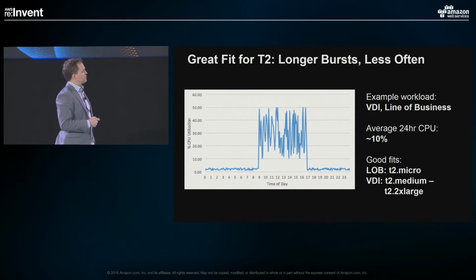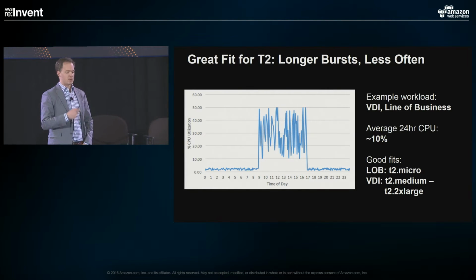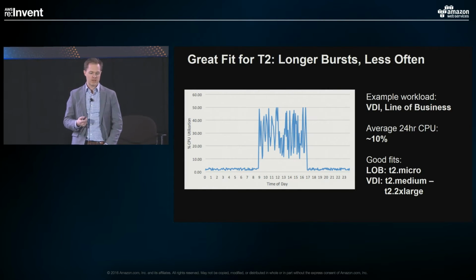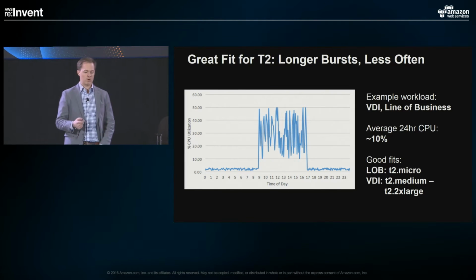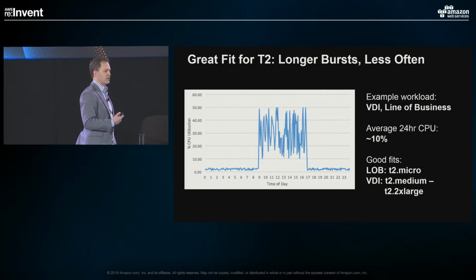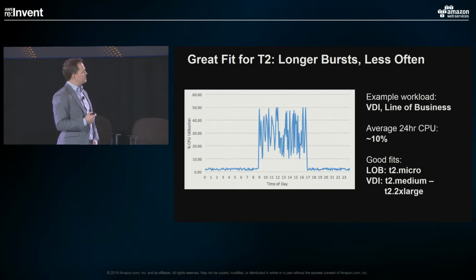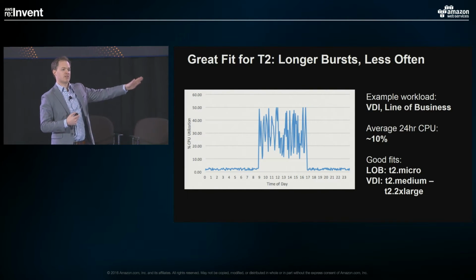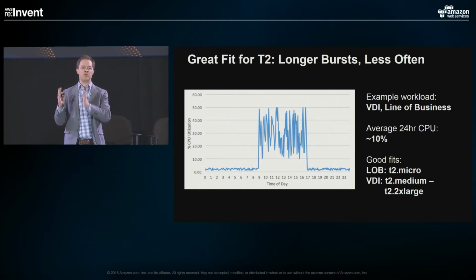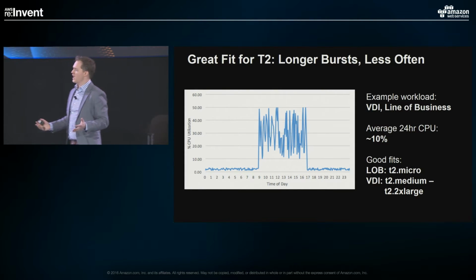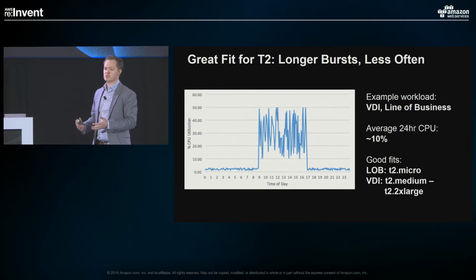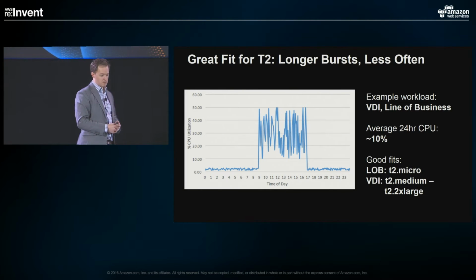A second example, which is qualitatively a bit different, is longer bursts but less often. For this, you might be talking about a virtual desktop application or a line of business application within an enterprise. In this case, you can see the business hours, where the application has a period of the day where it's getting a lot more usage, and outside of that period the usage is much reduced.